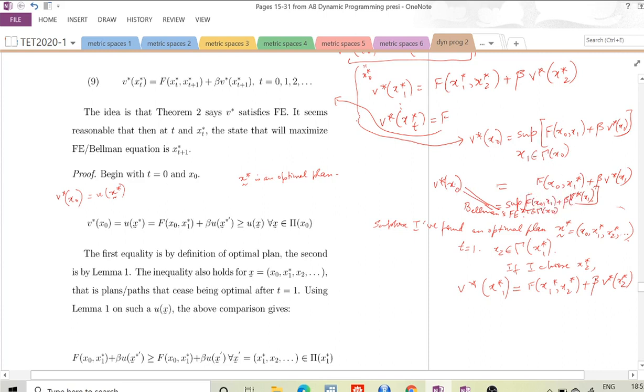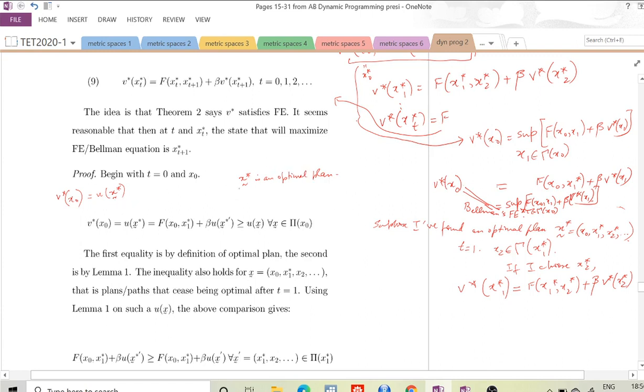That it satisfies this equality, and this equality tells me that V star satisfies Bellman, and if I put x star 1 next period in my Bellman, I actually attain the sup of the Bellman. Okay.